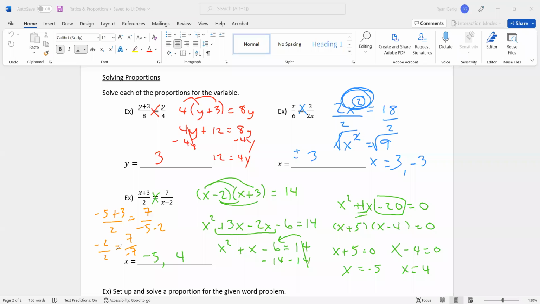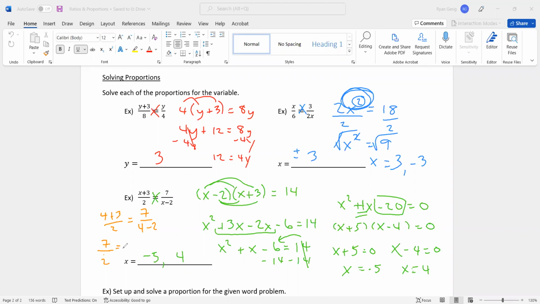That's what we want. Now I'm going to take 4 and plug it in. Show you that you can also get a true statement when x is 4. So 4 plus 3, divided by 2, equals 7 over 4 minus 2. 4 plus 3 is 7 over 2.